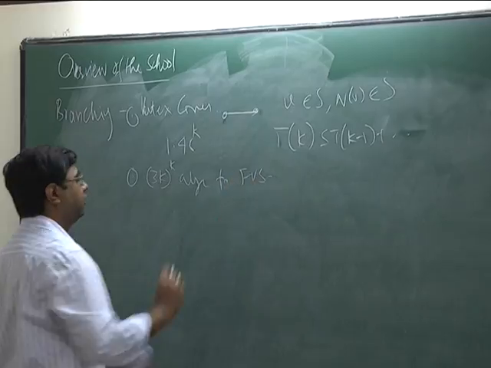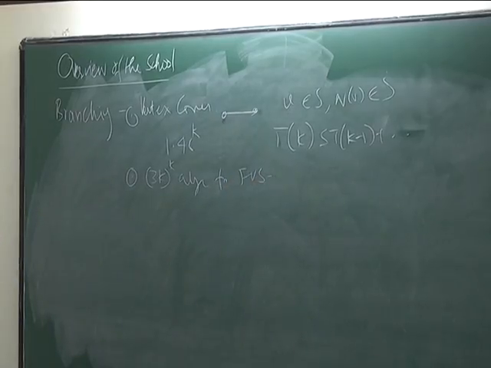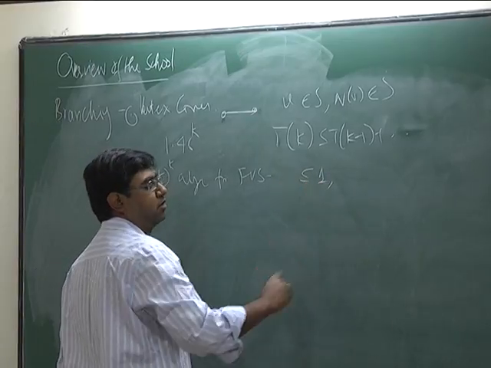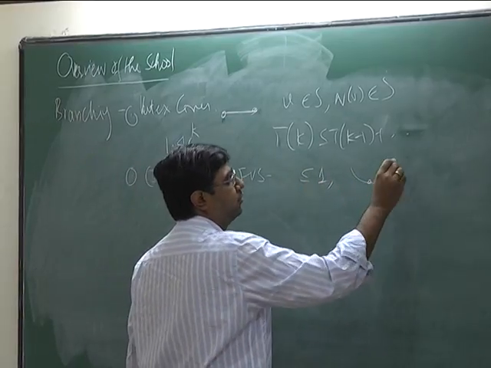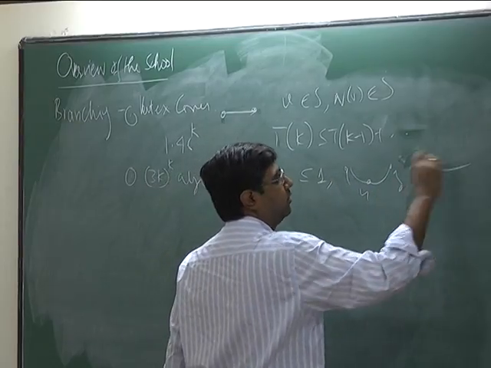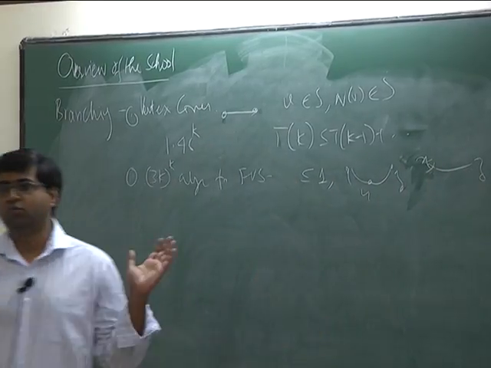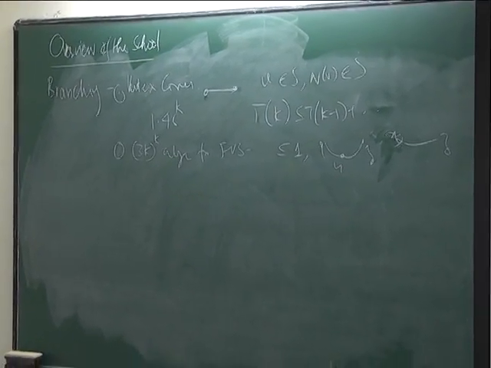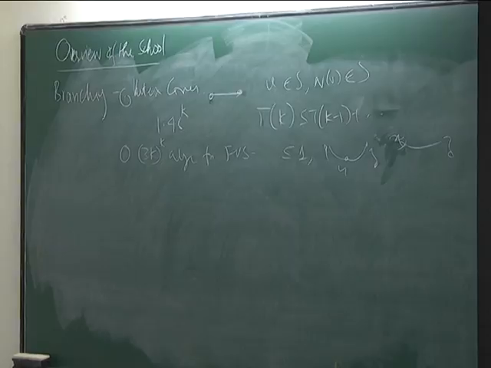And what was the algorithm? The algorithm was very simple. It said, let's do some normal preprocessing, delete vertices of degree at most 1. If you have something like x, y, z, then do some sort of short circuiting, so that the graph has minimum degree 3.